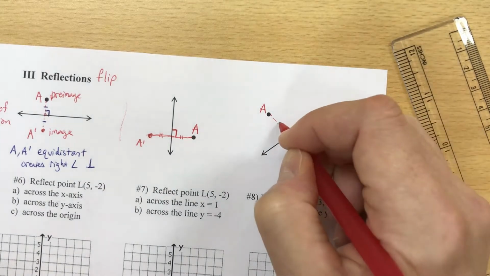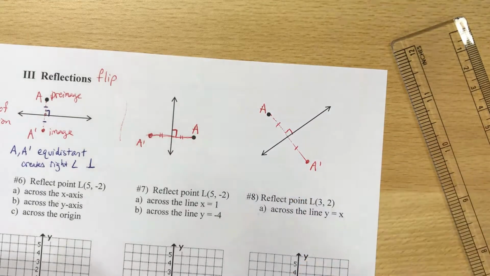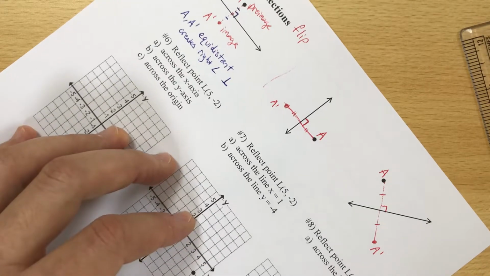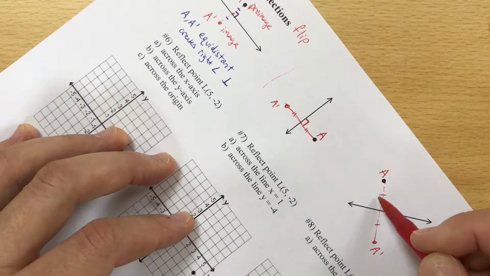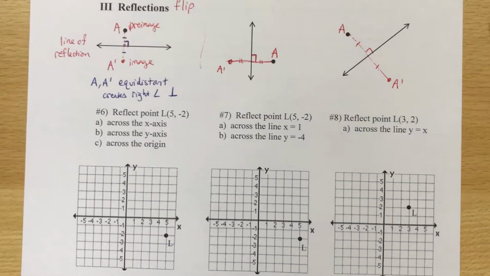There's A prime. Assuming these are equidistant and perpendicular, this is the reflection. If I turn it, that should look perpendicular. It's kind of close. Okay, so it should create 90, and it should be the same distance on both sides of the line. Okay, that's the key thing about reflections.